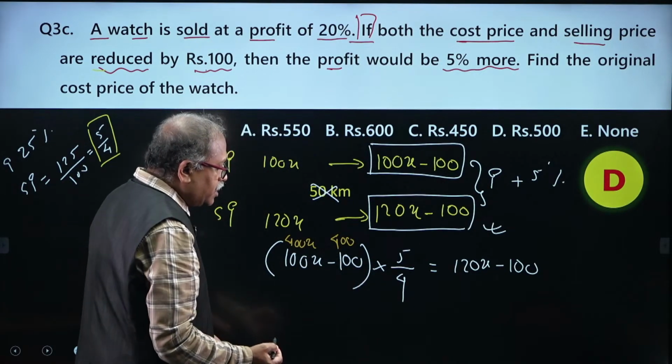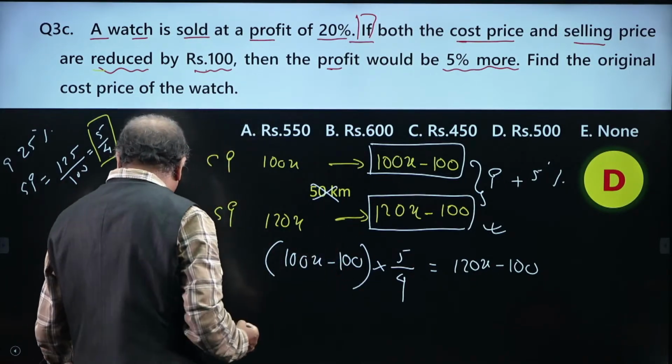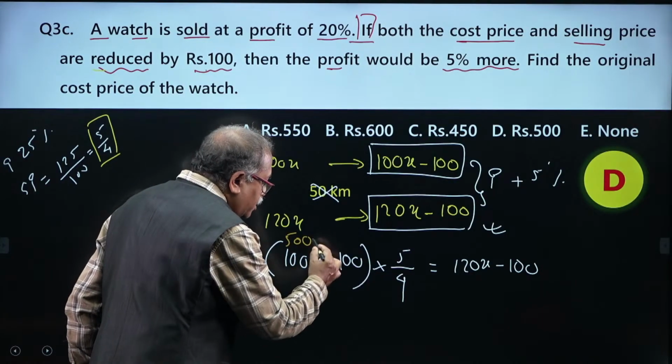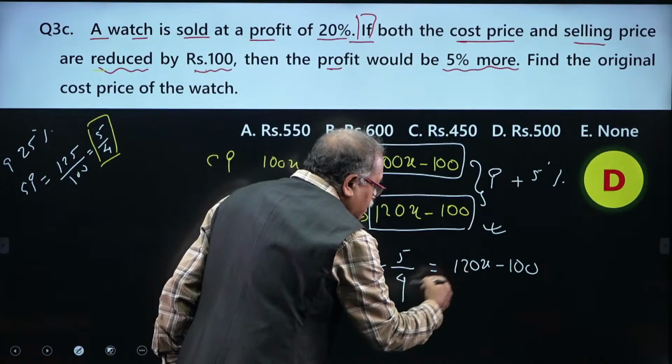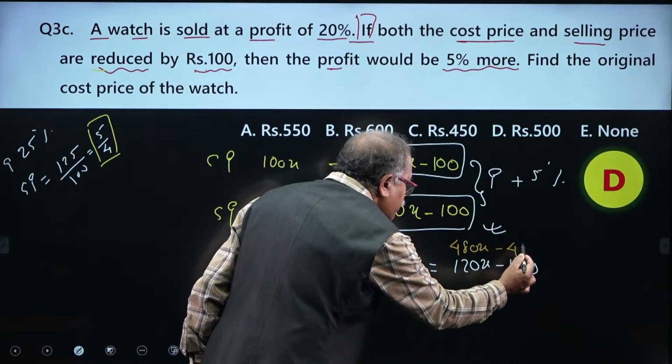Okay, you are multiplying by 5, fine. So, this is 500x minus 500, and the 4 will go over here. So, 480x minus 400.